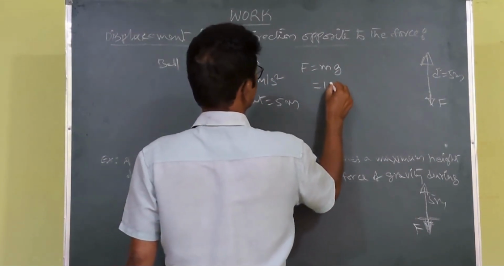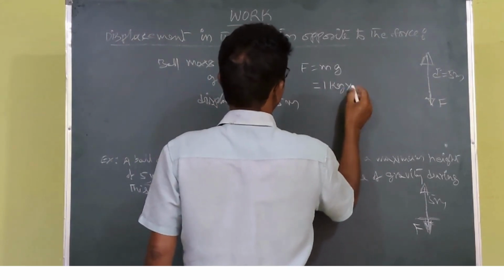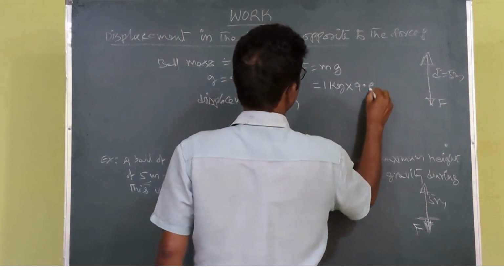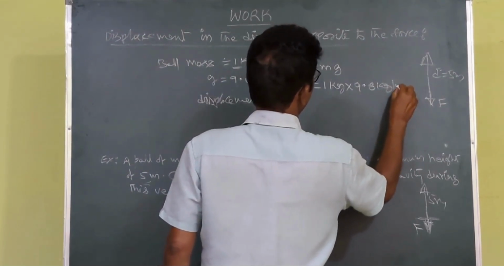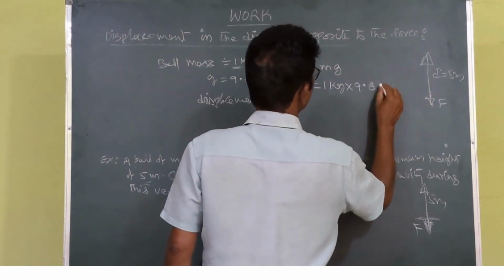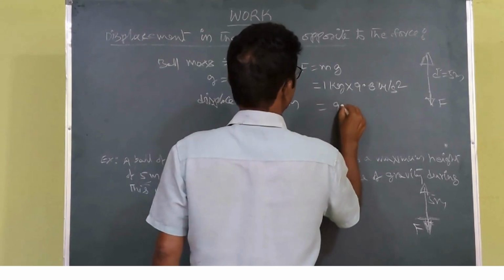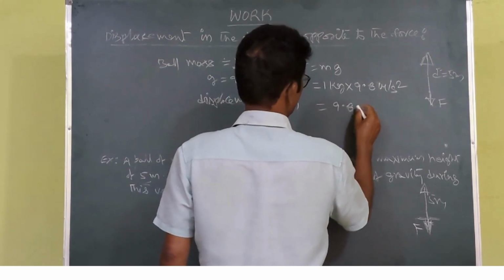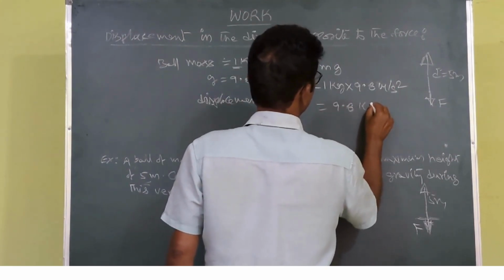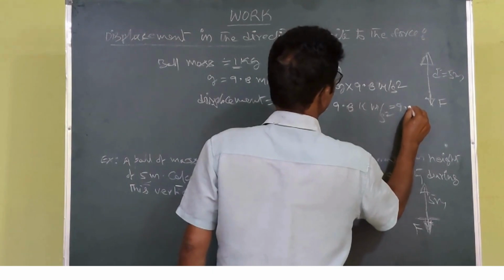Mass equals 1 kg, acceleration due to gravity equals 9.8 meter per second square. So this is 9.8 kg meter per second square, which is nothing but 9.8 newtons.